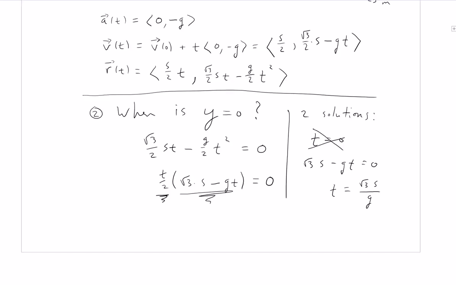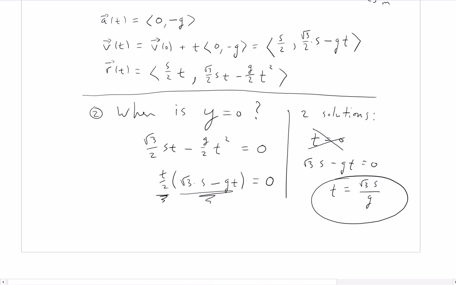Step 3, we want to take our previous answer and plug it in. So here's our position function, and we want to plug in this time. This is when it should hit the ground. So we want to plug in t is square root of 3s over g into our function r.